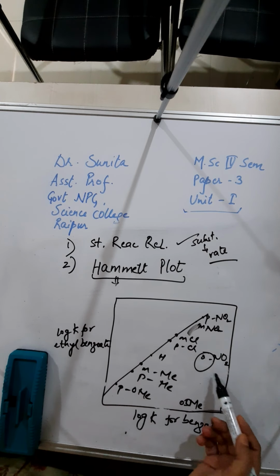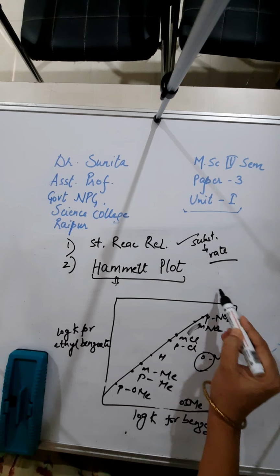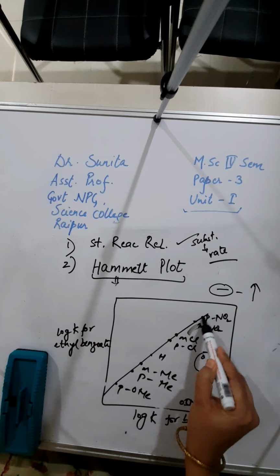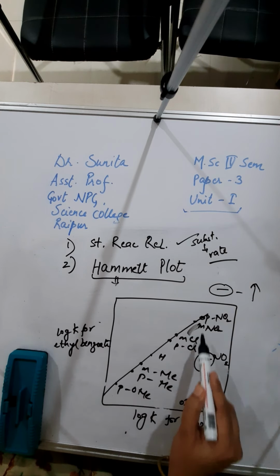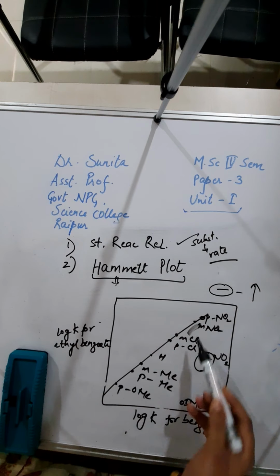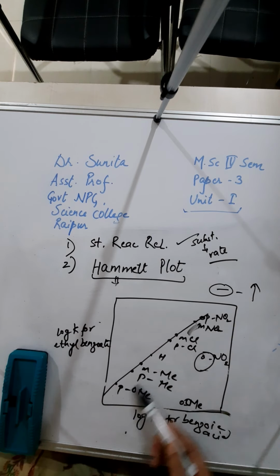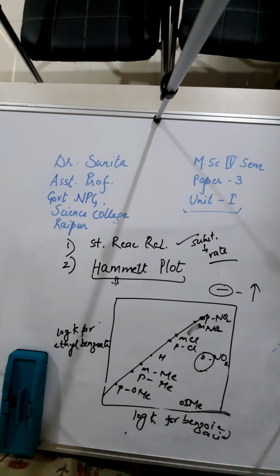When we have the negative center, the rate will be high. Nitro has the highest electron withdrawing tendency, so the rate becomes higher. Meta becomes less, then chloro. This trend is due to that table which we have discussed. More electron withdrawing will stabilize the transition state.